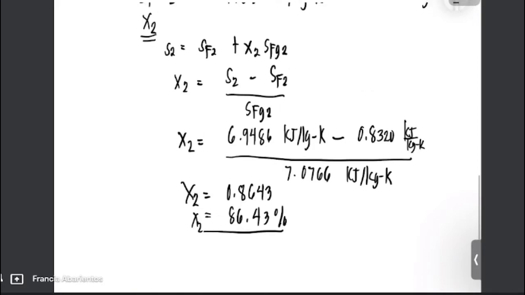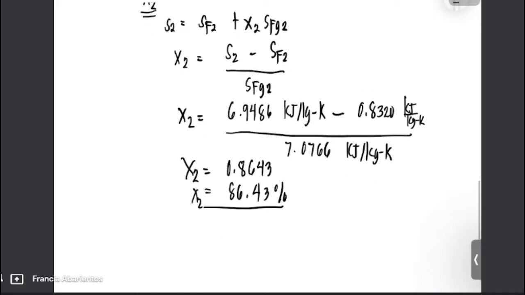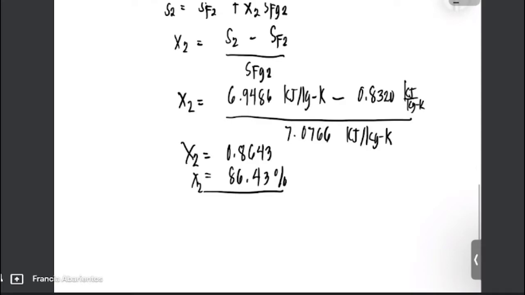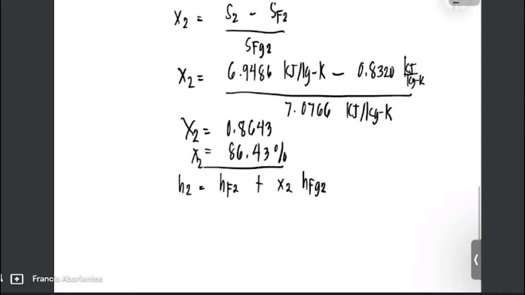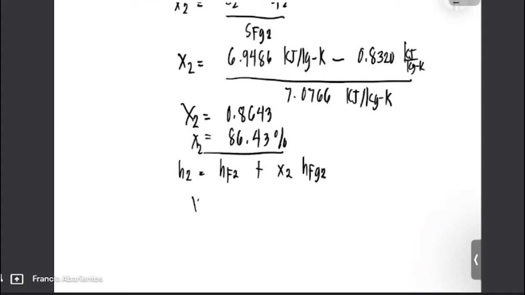Ano yung hahanapin natin at point 2? Reduce of the enthalpy at point 2. Yung importante lang hinahanap ni Mama to determine the cycle efficiency. So we have now enthalpy at point 2.